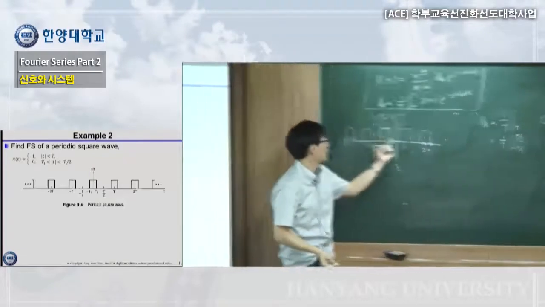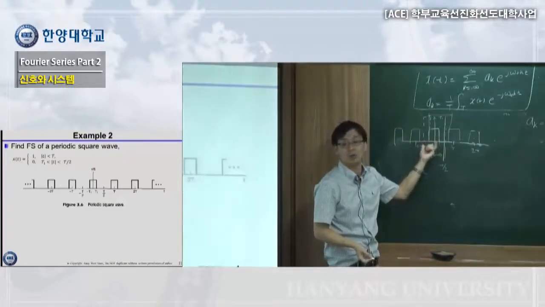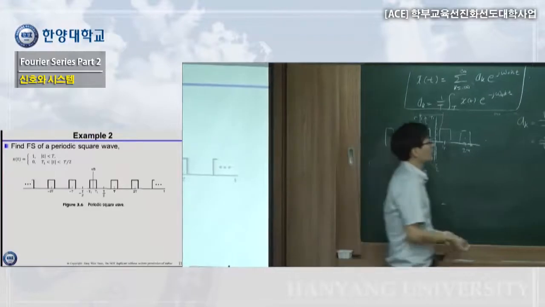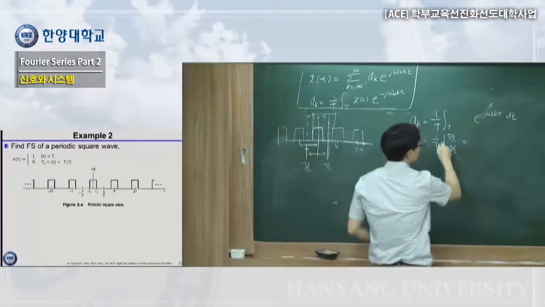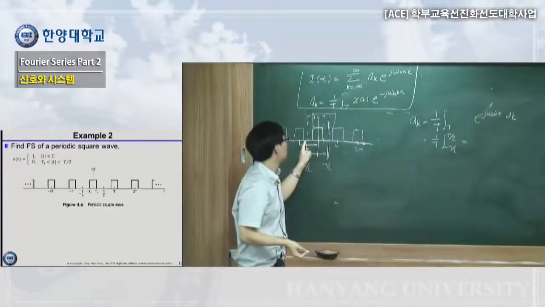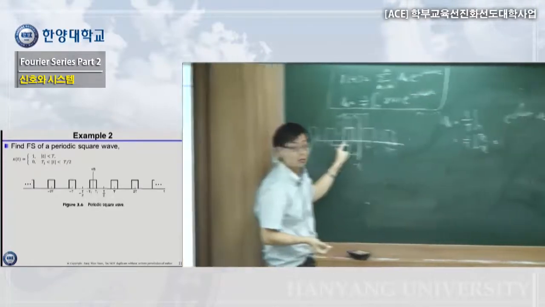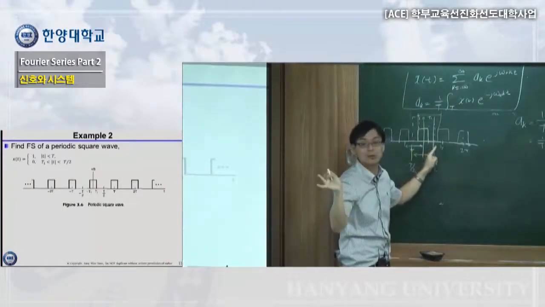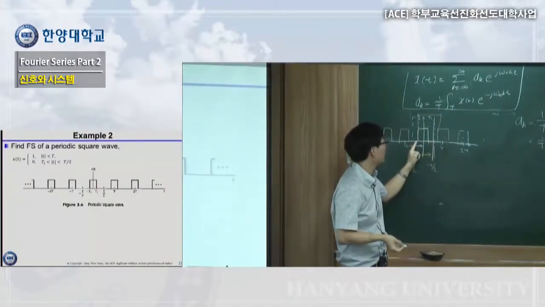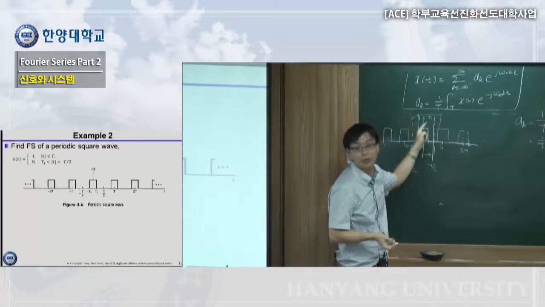Now we are integrating over only one section, one part of it. From here to here is 0, and from here to here is 0, right? So we don't have to consider that. We only evaluate from minus T1 to T1.